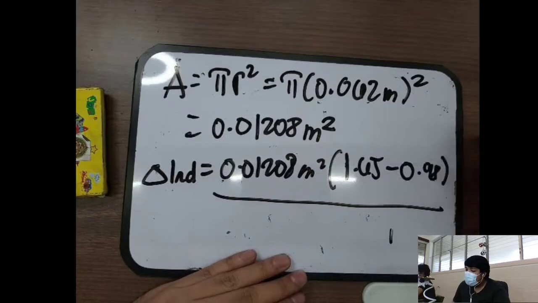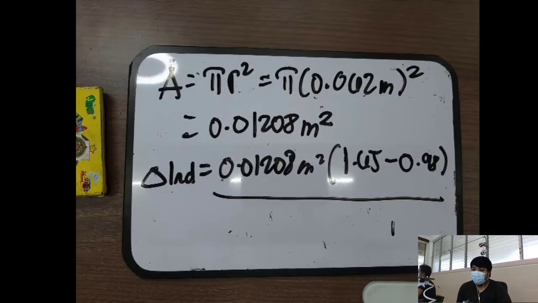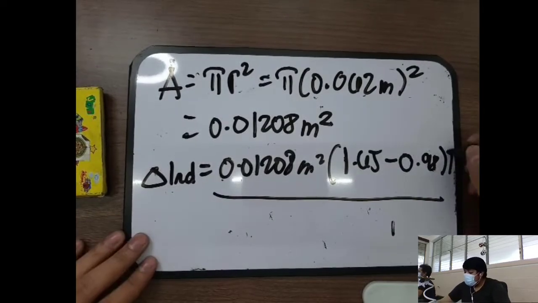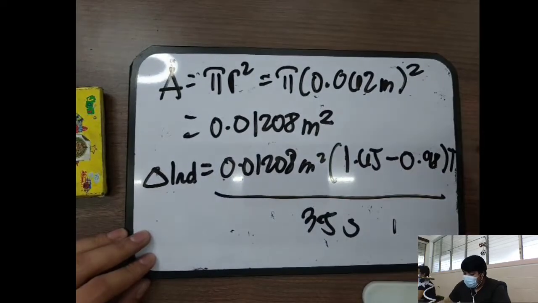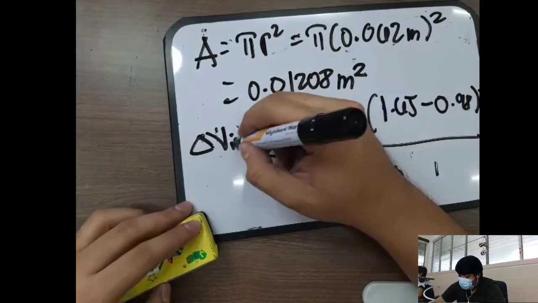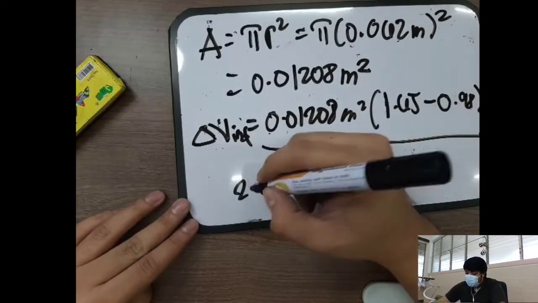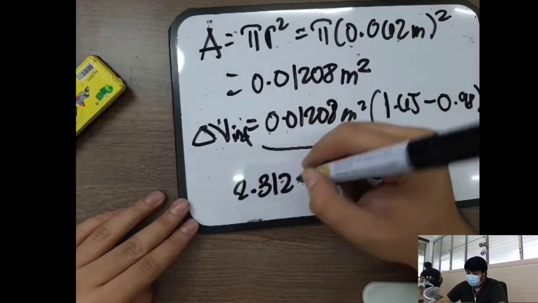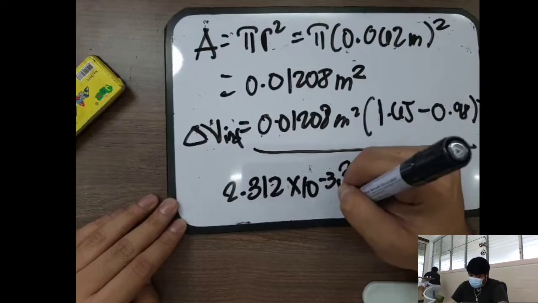We will not be concerned about the sign. There is a separate discussion for that. We will discuss that later on. Multiplied by the time, which is 3.5 seconds, and your final answer will be 2.312 times 10 to the negative 3 volts. Okay.